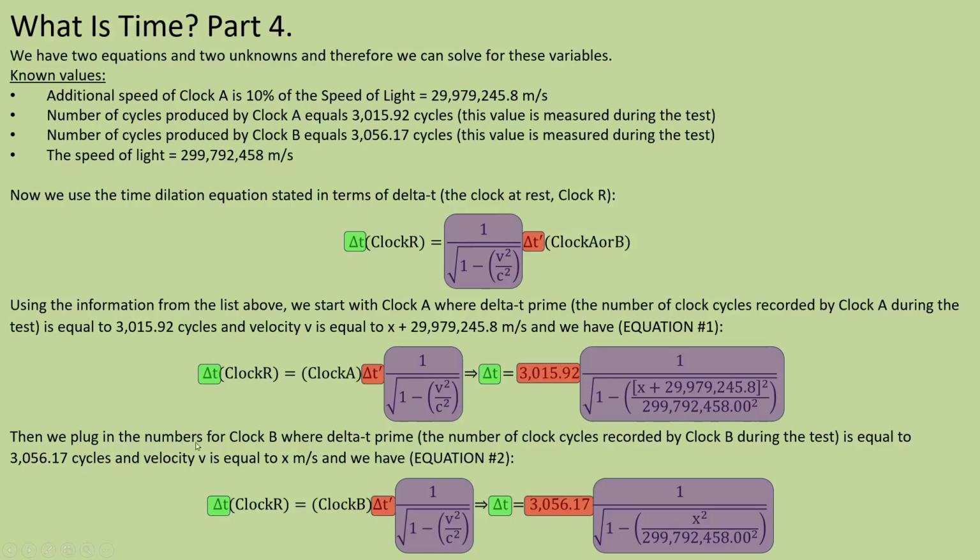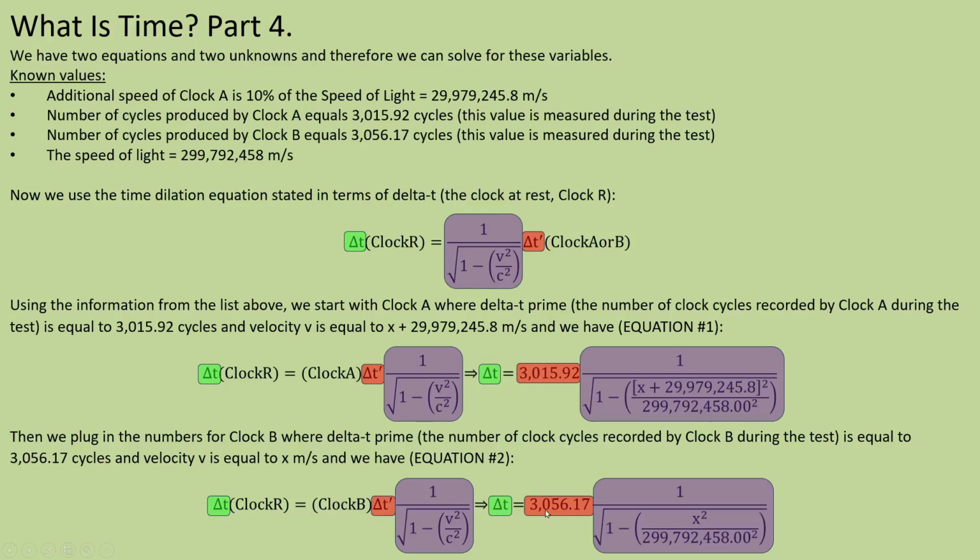Then we plug in the numbers for clock B, where delta t prime, the number of clock cycles recorded by clock B during the test, is equal to 3056.17 cycles, and velocity v is equal to x meters per second, which is the speed of the spaceship. So here again we have the same equation, with clock R producing some number of clock cycles given by the number of cycles produced by clock B times the Lorentz factor.